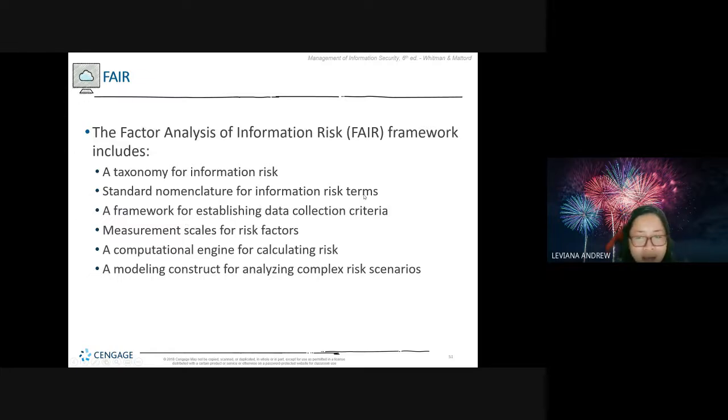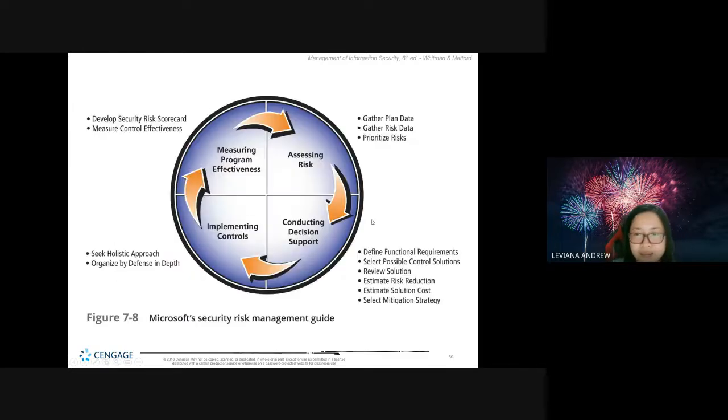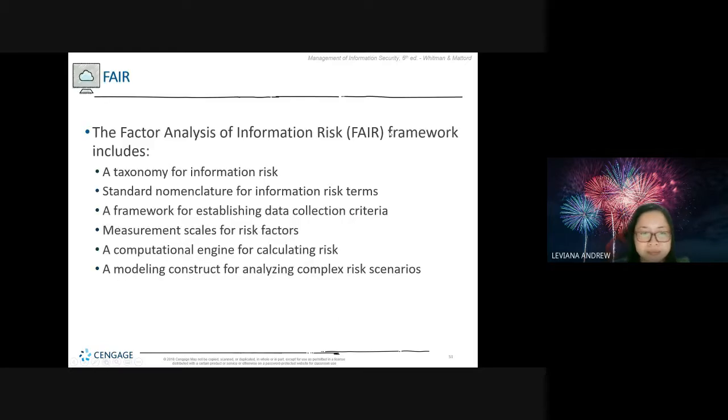Okay, identify the operational terms for the risk. And then a framework for establishing data collection criteria, how you are going to collect the data. Macam dekat sini, gather the plan data, gather the risk data. Dekat FAIR pun sama juga.